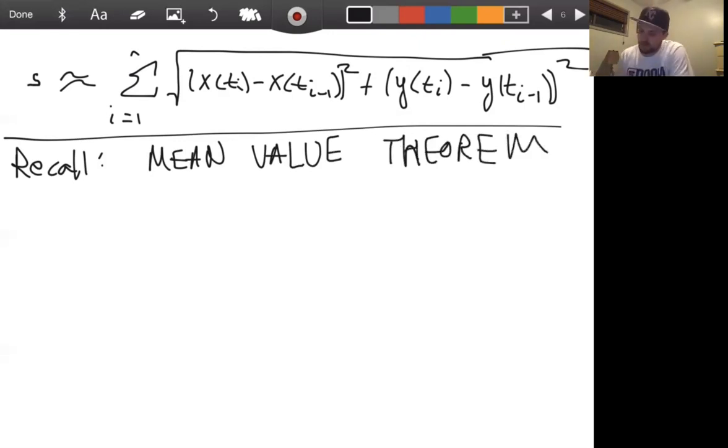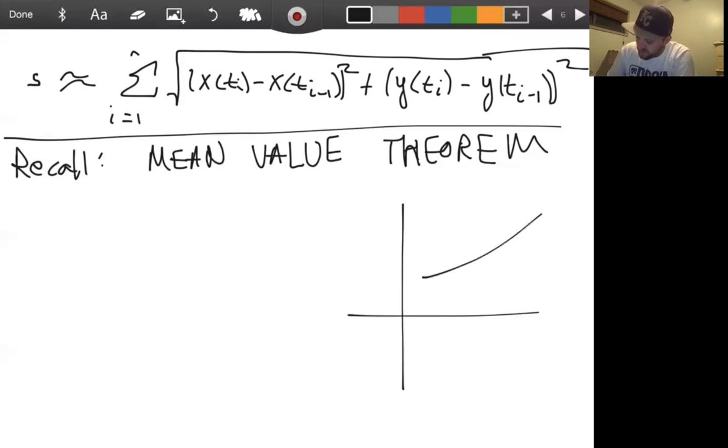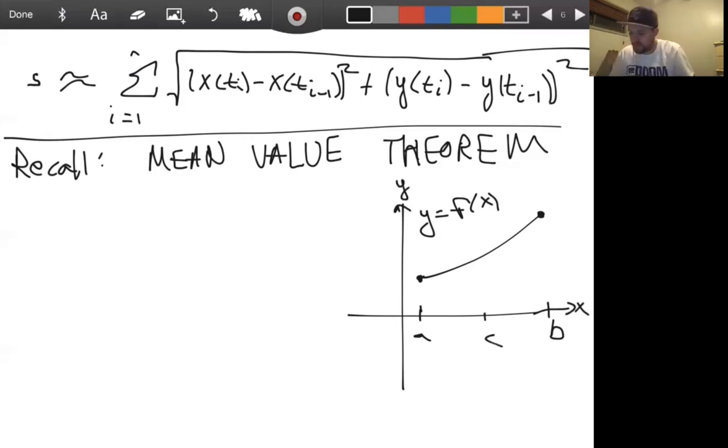The mean value theorem, I could draw a picture with it here. So let's say here's A, here's B. This is some curve, y equals f of x. And let's say there's some point in between A and B, we'll call it C, okay?